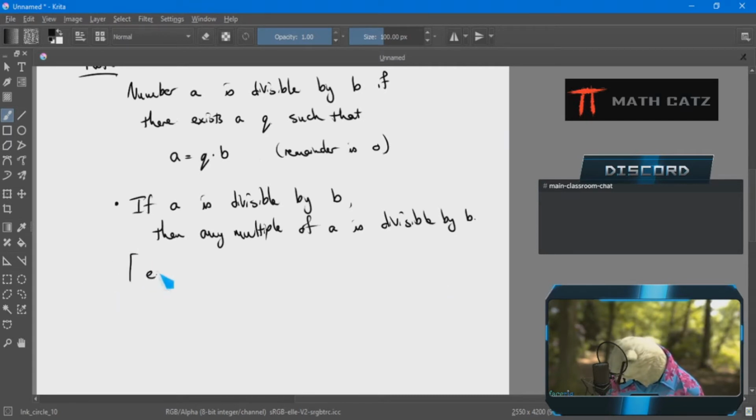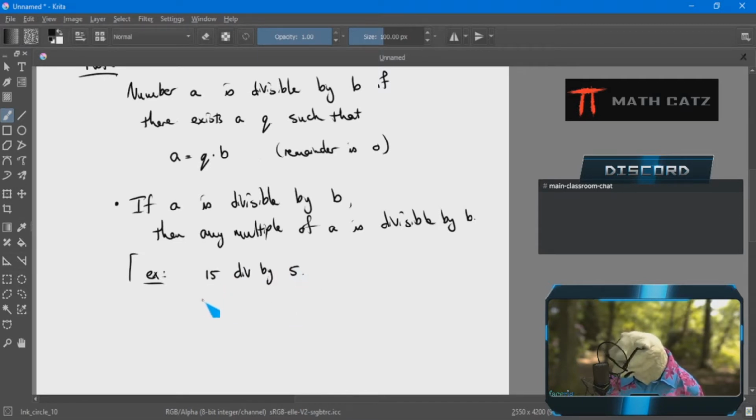Let's look at some examples. Examples definitely help, but I need to understand the role that those examples play. If I take, for example, 15 divisible by 5. Let's make it easy.